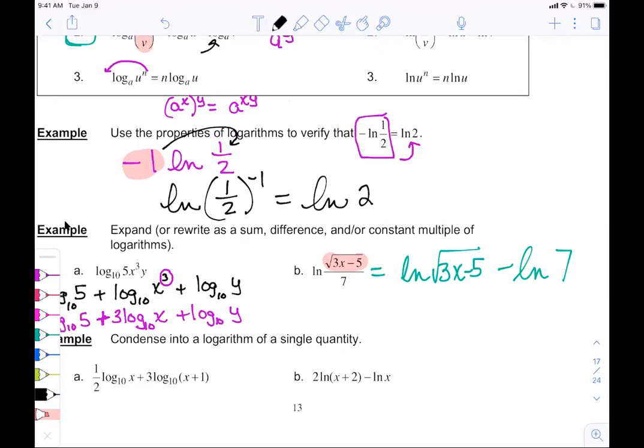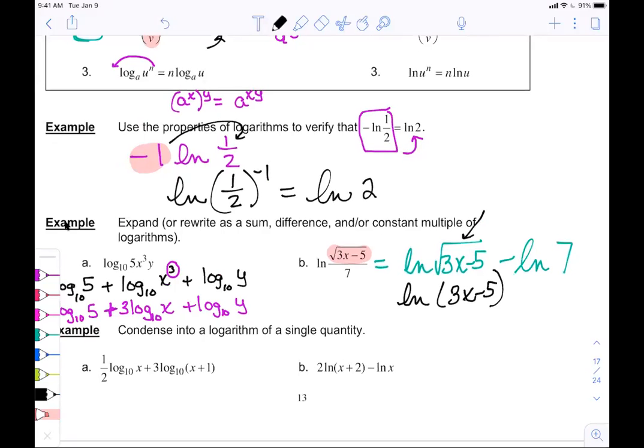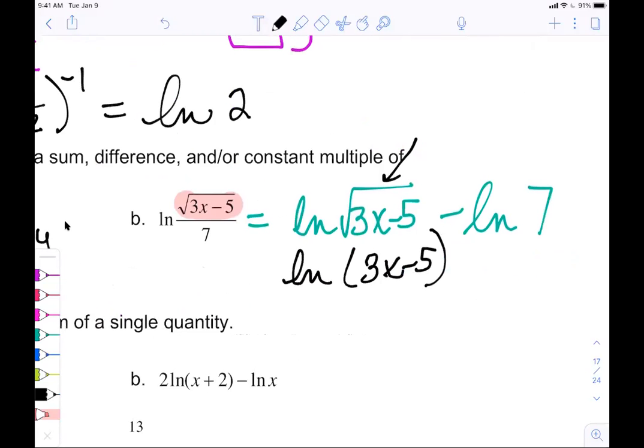All right, we're going to continue to simplify this. We have a square root right here. A square root can be written as an exponent. Jack, do you remember, if you have a square root, what is that exponent? 1/2. Excellent. So because a square root can be written as an exponent of 1/2, we're going to change that square root to be the power of 1/2.